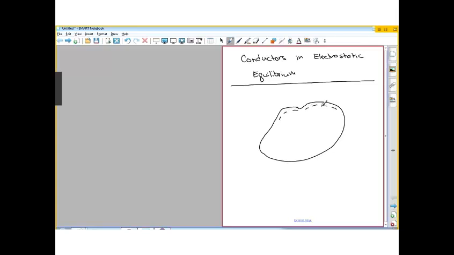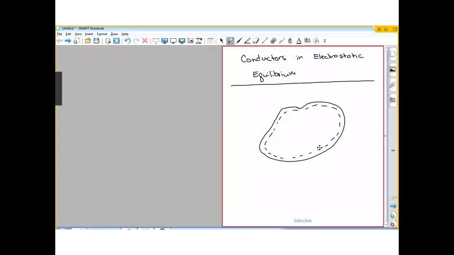There are 4 rules about charges in conductors based upon where they're located and other important things. One of the rules is that the excess charge, which in this case are negative charges, goes to the surface of the object. If it's a sphere, it goes to the surface of the sphere.